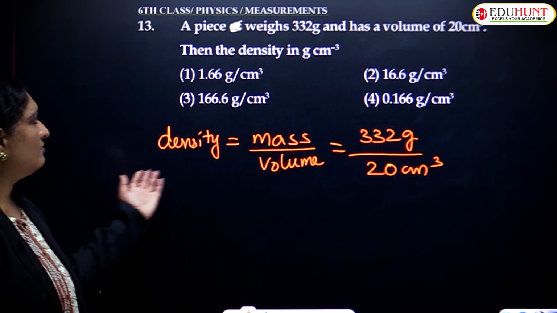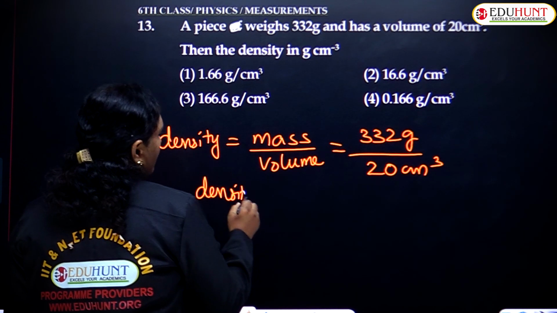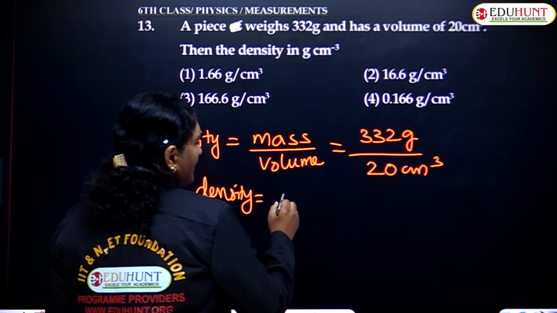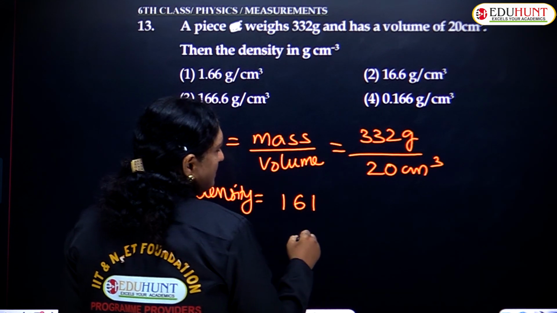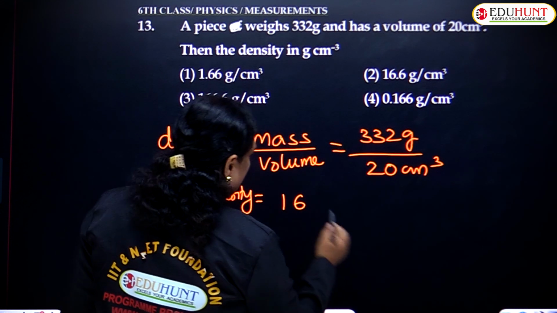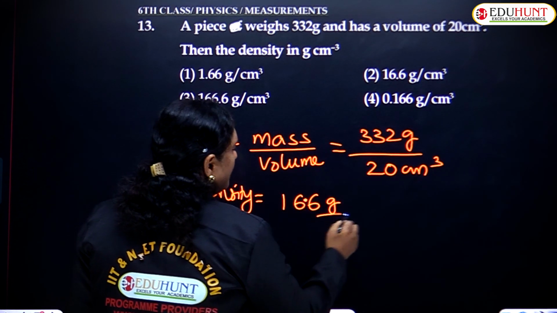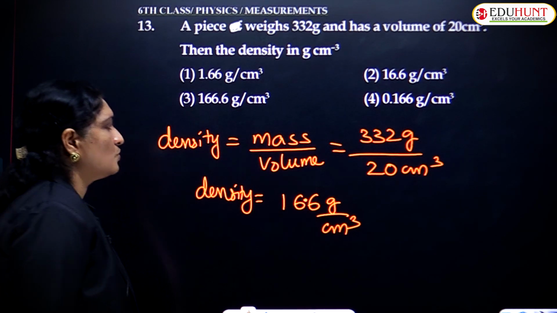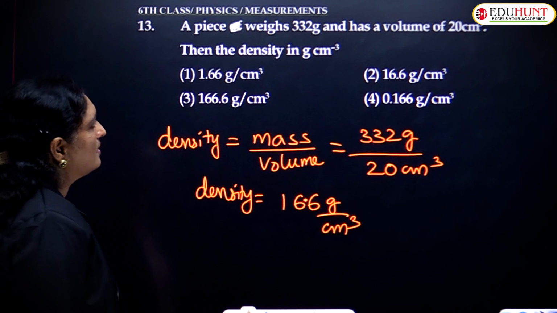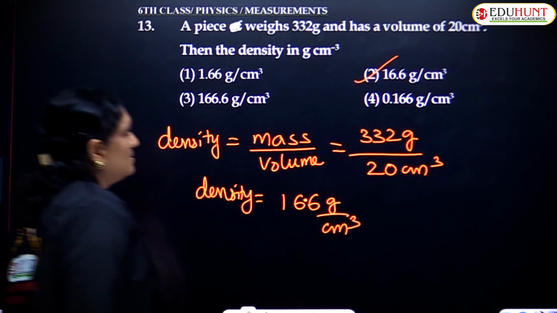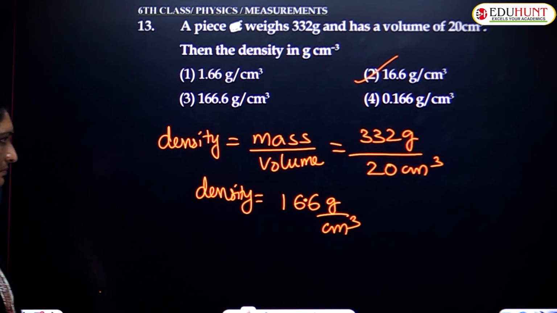So find out the density. Simplify it. Therefore, the density of the given piece will be 16.6, isn't it? Gram per centimeter cube. So 332 upon 20 is 16.6 gram per centimeter cube. So where is the correct answer? Here. The density of the given piece is 16.6 gram per centimeter cube.